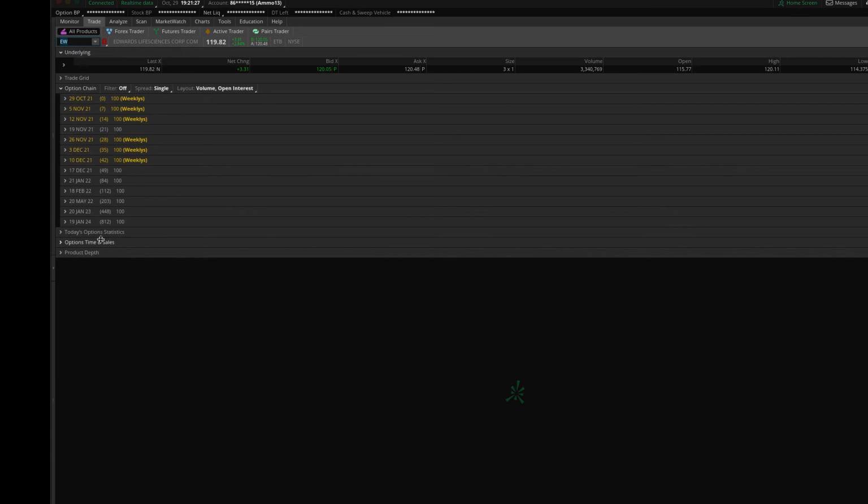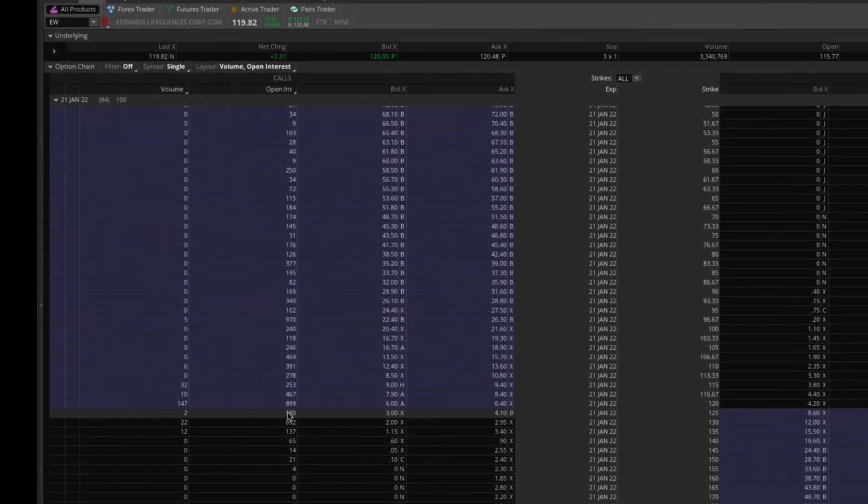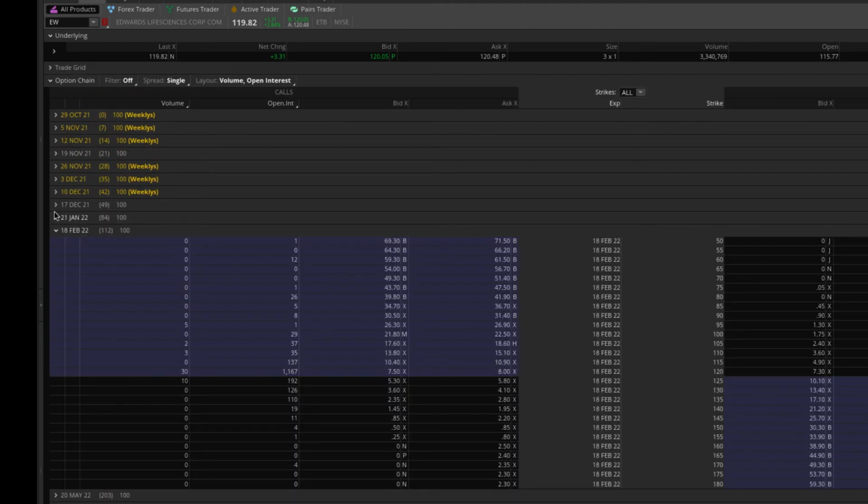You can see, not bad with options. If I go 84 days out, I got some decent open interest. My bid-ask spread is a little wide, but really what's keeping me away from this is the actual price of the option. I'd really want to target this February one, not the January.